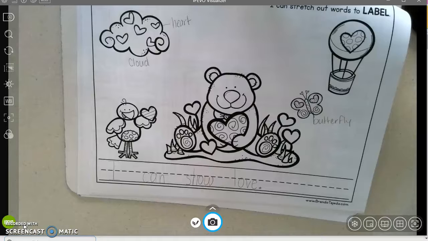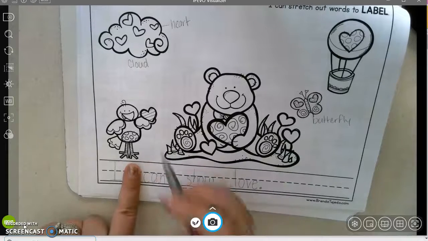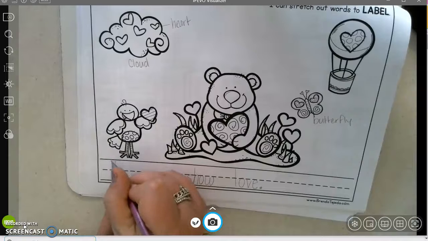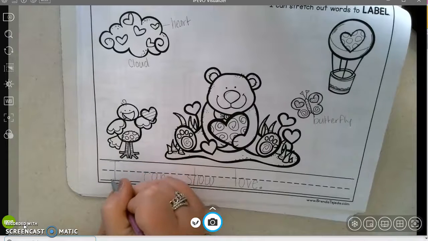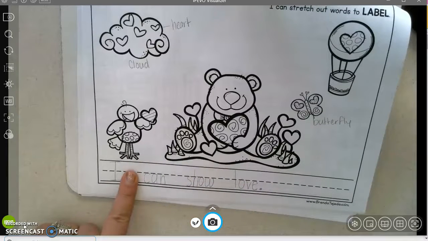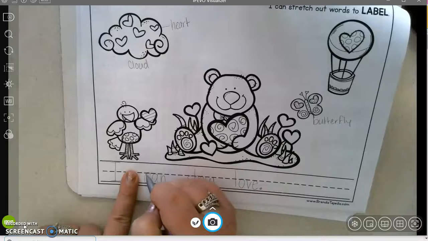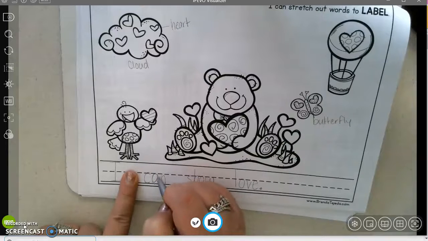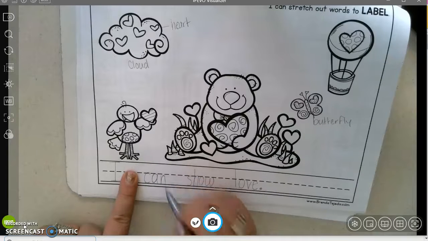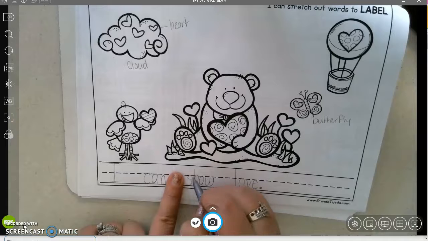Something that I should have done when I was writing my sentence was put my finger spaces. So I write my I, and then I put my finger before I write my next word. And then I put my finger down and I write my next word.